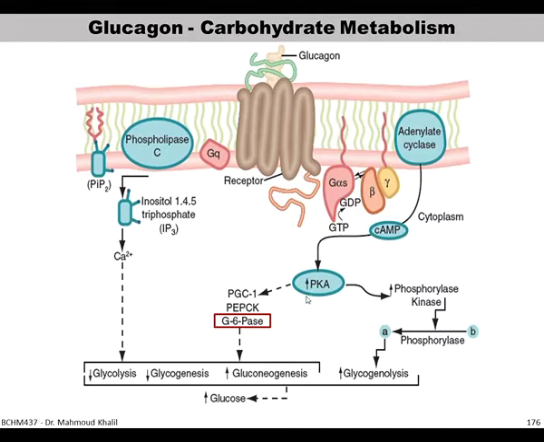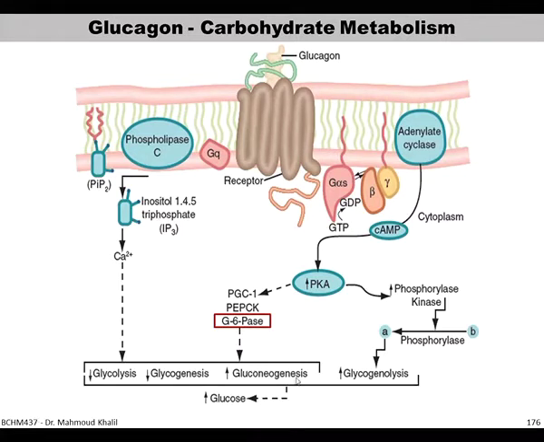As well, PKA will activate PGC1 and PEPCK and glucose 6-phosphatase, and this will promote gluconeogenesis. You can see as well phospholipase C, which, as you remember, has the main action of breaking down phosphatidylinositol diphosphate into IP3, and you remember that IP3 is an important messenger in increasing the amount of calcium in the cytoplasm.